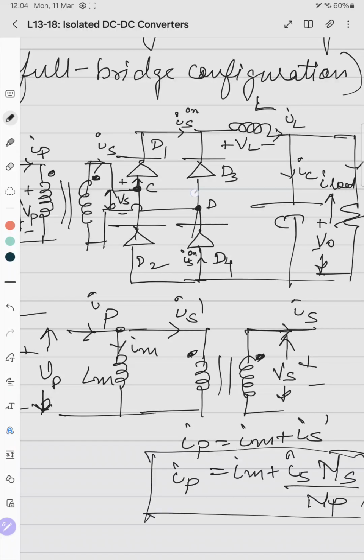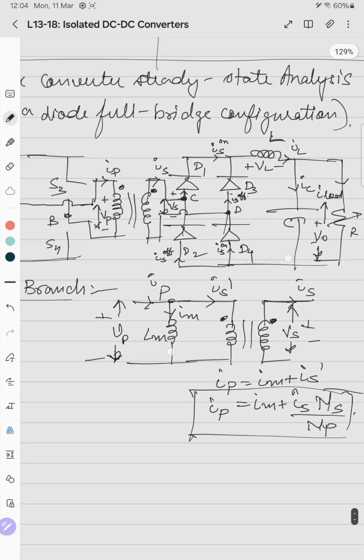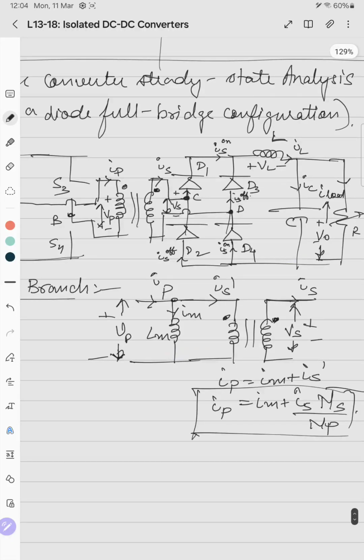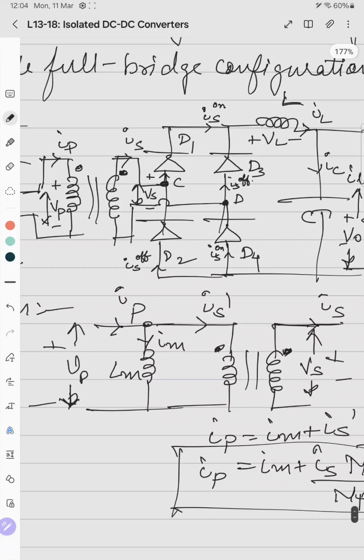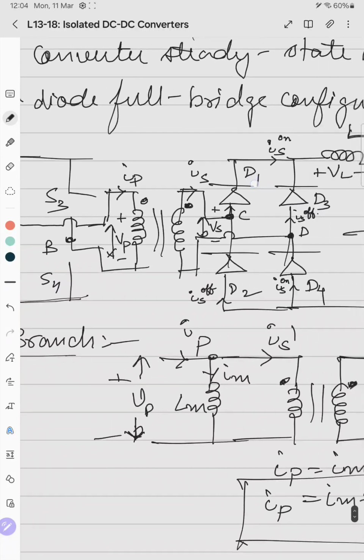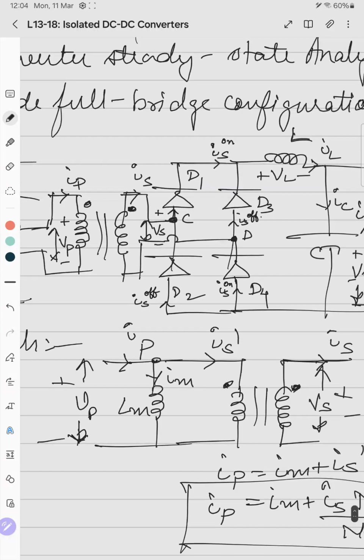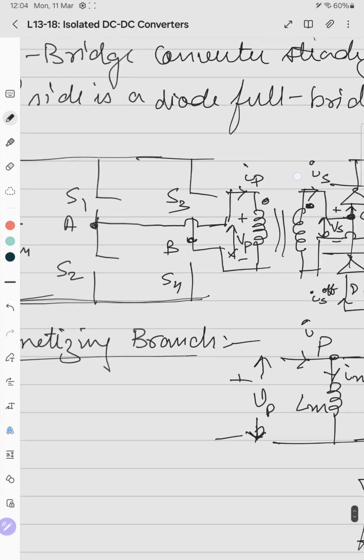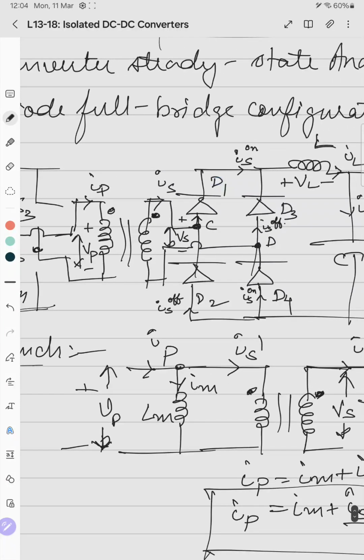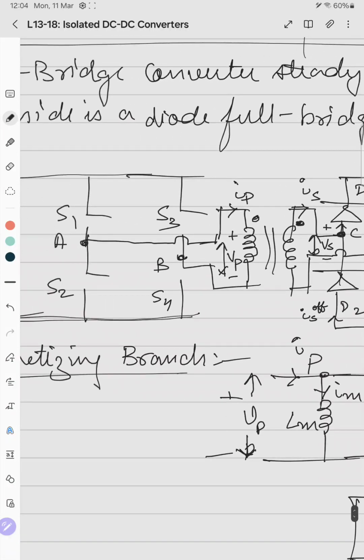IS off will enter D3. And IS will always equal IL. So the current IL splits into IS on through D1 and D4 when the switch S1, S4 is on. Similarly, the current IL splits into the diodes D3 and D2, which is IS off, when S3, S2 is on.